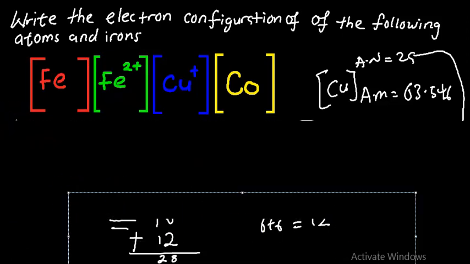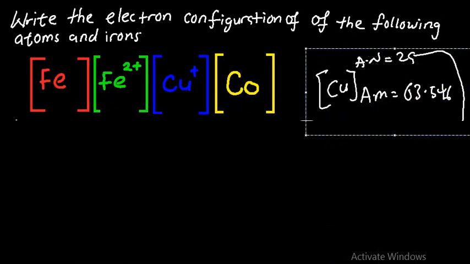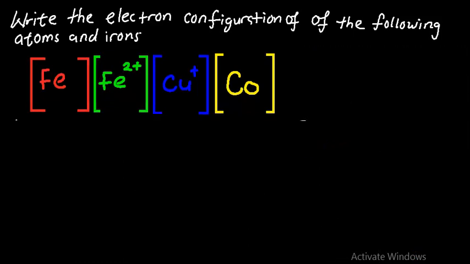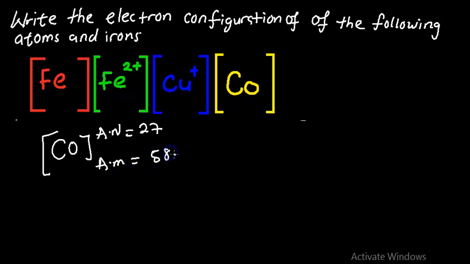What about the next one? Next thing we have on the list. Have we done ferrous? Yeah, we've done that. Oh, the last one, which is cobalt, which is Co. In this case, notice that for cobalt the atomic number is given to be 27. And the atomic mass of cobalt is simply 58.93.